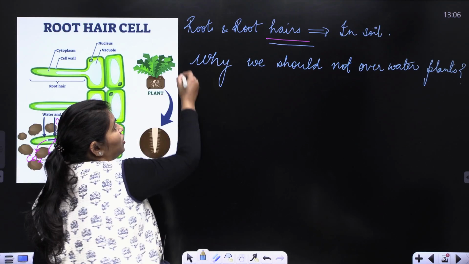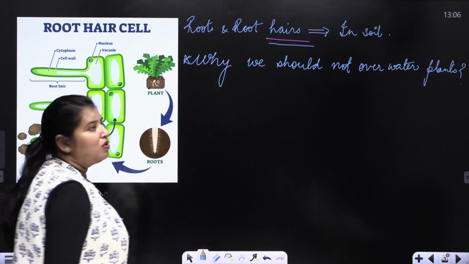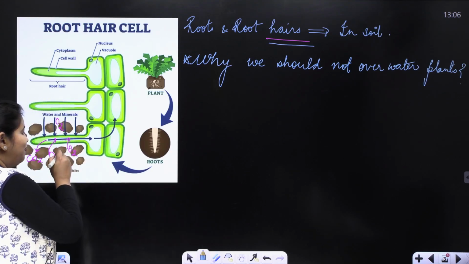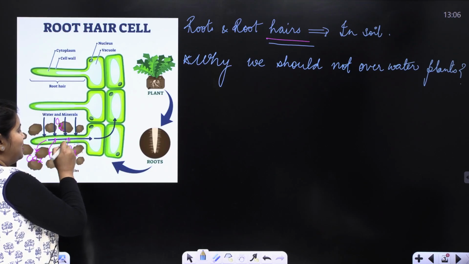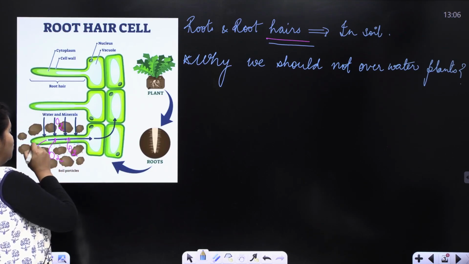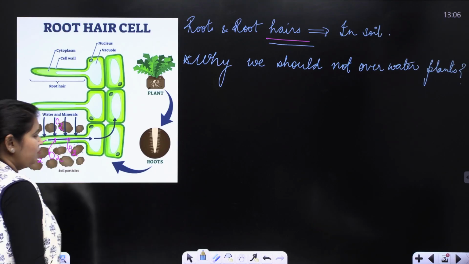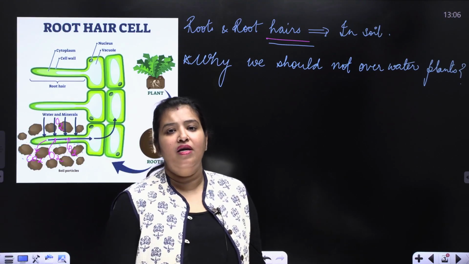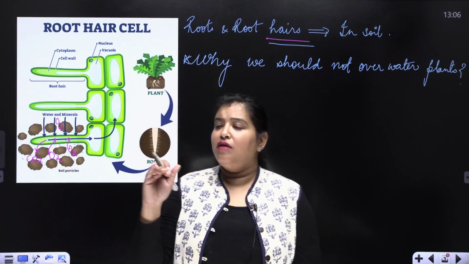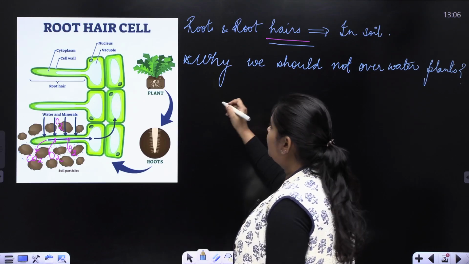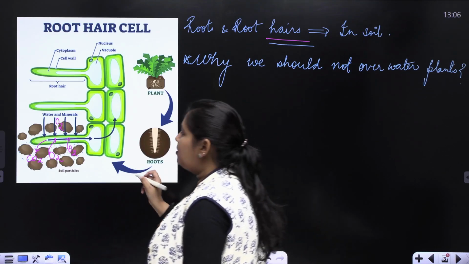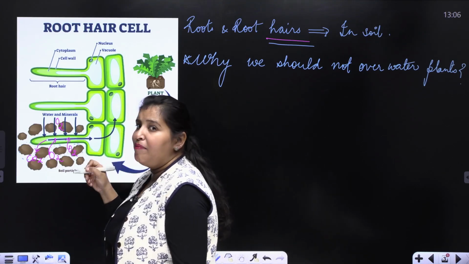We should not overwater plants because the water that you give to the soil fills up the spaces in the soil particles. The space of soil air between the soil particles gets occupied by the water that you have given to the soil. As a result, the plant is not able to breathe.